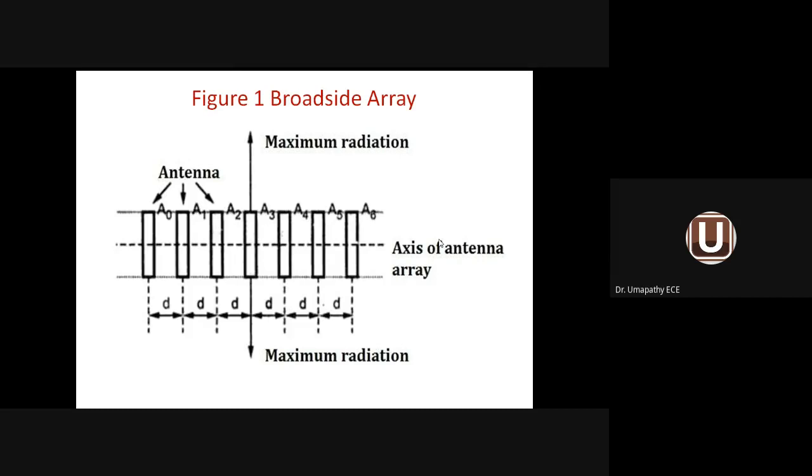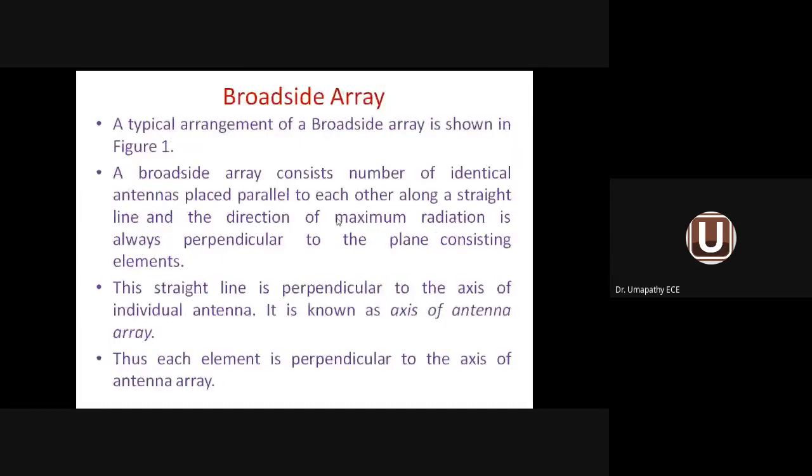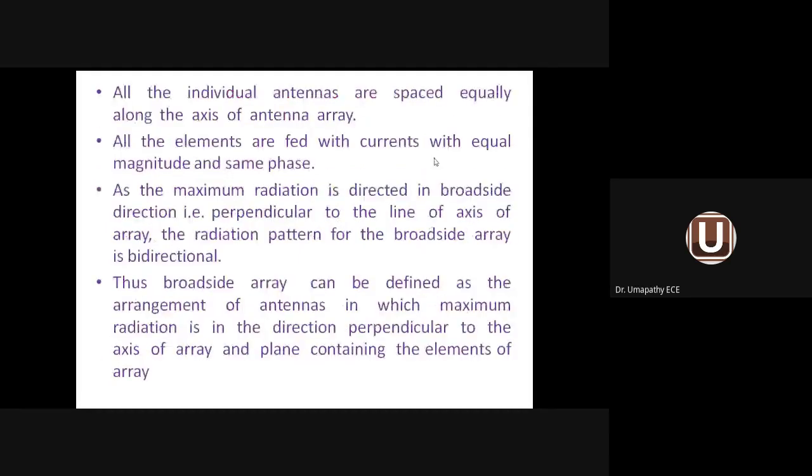It is called broadside array. Or in other words, I can say broadside array is an antenna array where maximum radiation is perpendicular to axis of the antenna array. This is the axis of the antenna array. This one is the maximum radiation. So they are perpendicular to each other. In that case, I can call this type of antenna array as a broadside array. So that is what explained here. And each and every antenna element, we are feeding the current with equal magnitude and the same phase.